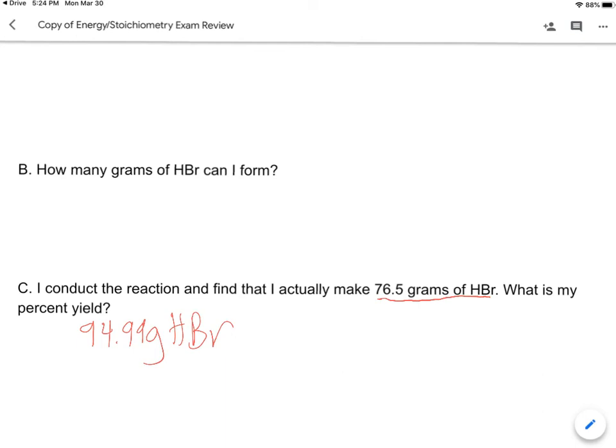So for percent yield, I need to take my actual yield, 76.5 grams, divide it by my theoretical yield that was calculated in the problem, 94.99 grams, and then multiply that times 100%.